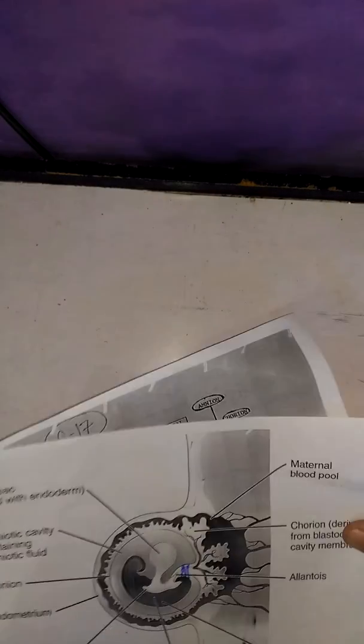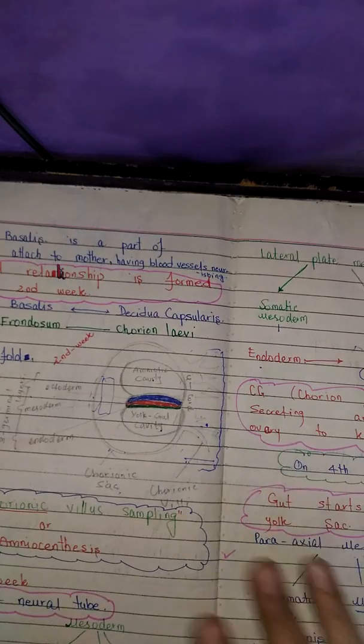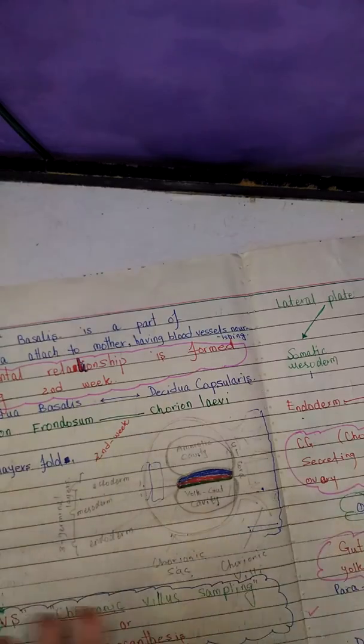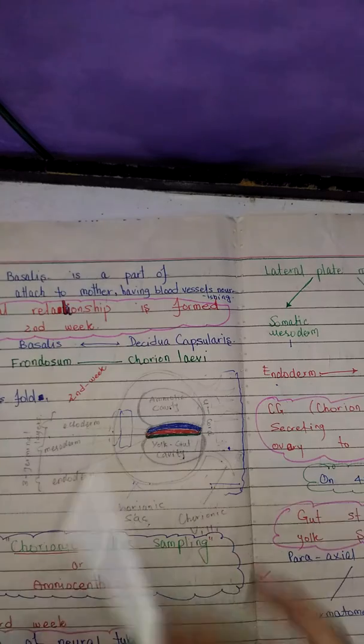Now let me show you another pic, which will show how the embryo will develop in the second week. In the second week, the basic structures which will be made are the chorionic villi, because a placental relationship will be made in the second week.